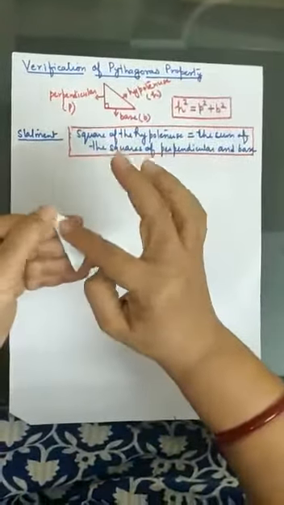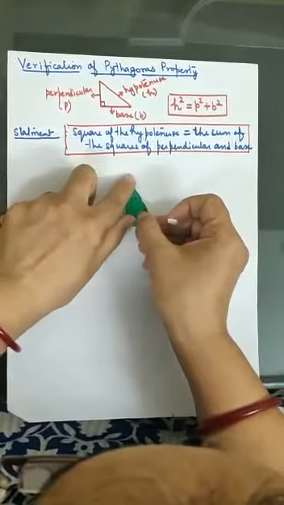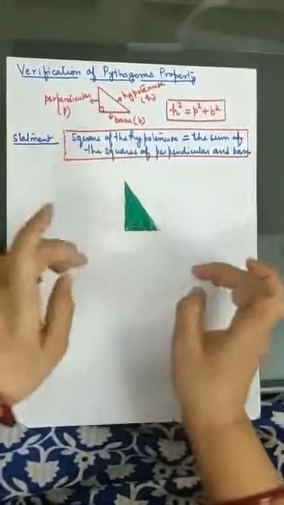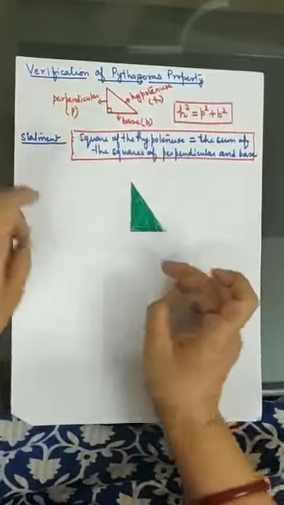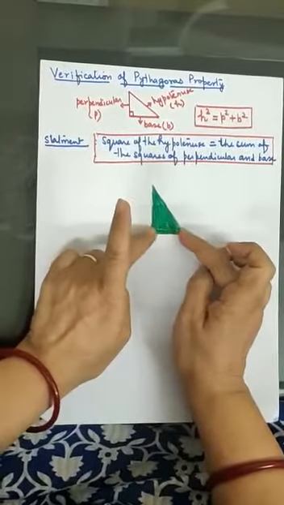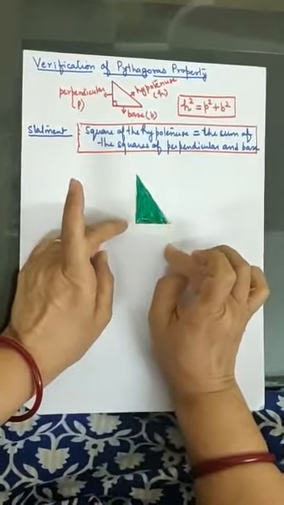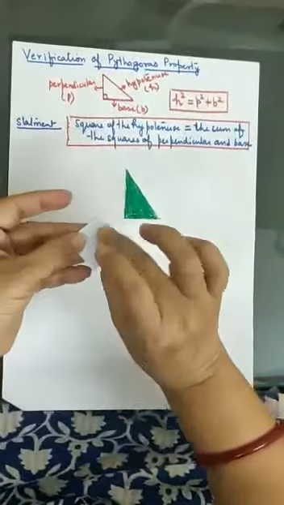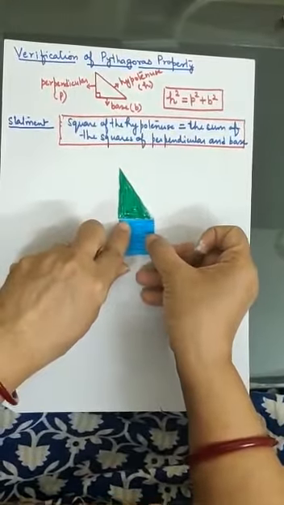Now see here. This is a right angled triangle. Okay, this is hypotenuse, this is base, and this is perpendicular. Now what do we do? We make squares on each of the sides. मतलब जैसे कि ये साइड 3 सेंटीमीटर है तो यहाँ हम 3 सेंटीमीटर का एक स्क्वायर बनाएंगे. ये मैंने ऑलरेडी स्क्वायर्स बनाए हुए हैं.